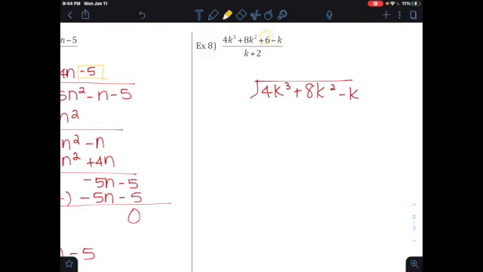If it is in descending order, you got to go k first. Things have to be in order. Then you're going to do k plus 2 on the outside. Now I'm going to pause the video. You guys give it a try and see if you can get the same answer as I do.